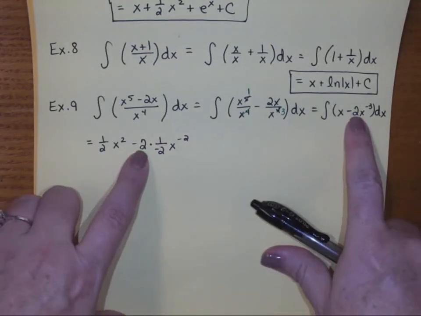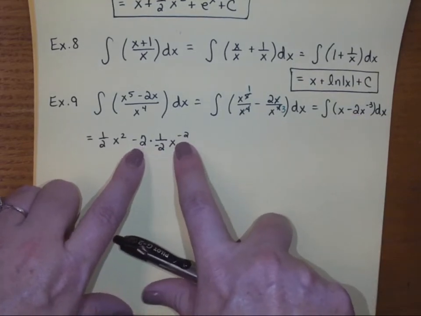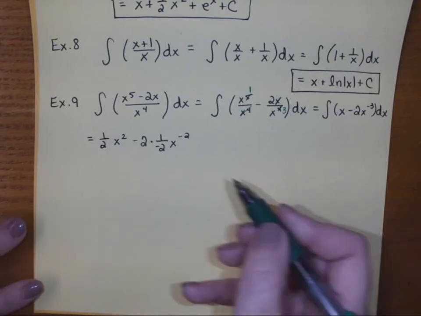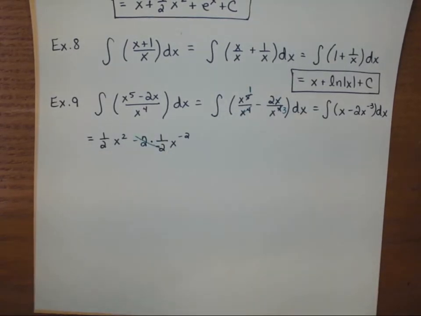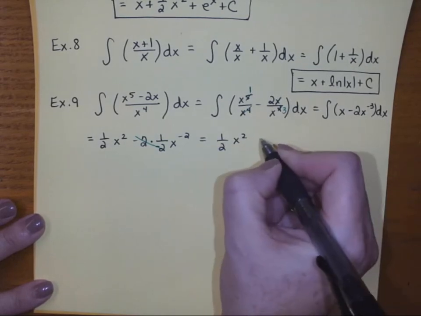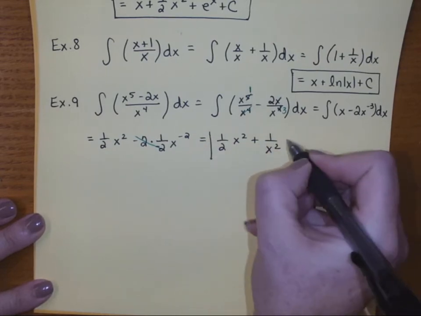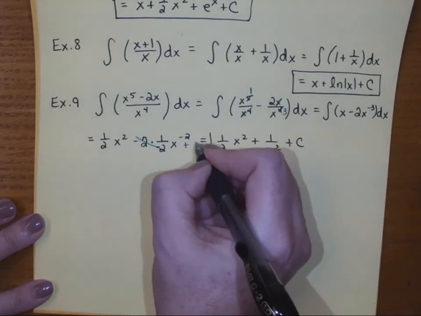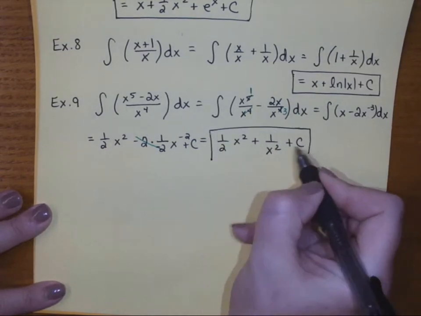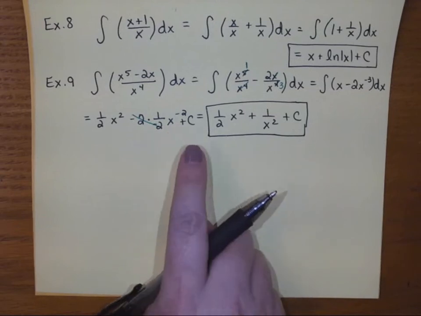So the -2 comes from this constant, the 2 that I'm pointing at right here, and this comes from us bumping the power up by 1. And then notice if you clean this up, by the way, these cancel each other out. So you end up just getting 1/2 x squared plus 1 over x squared. And then don't forget your plus c. Really, I should have had it here also. I rewrote this one as 1 over x squared because it's a negative exponent.